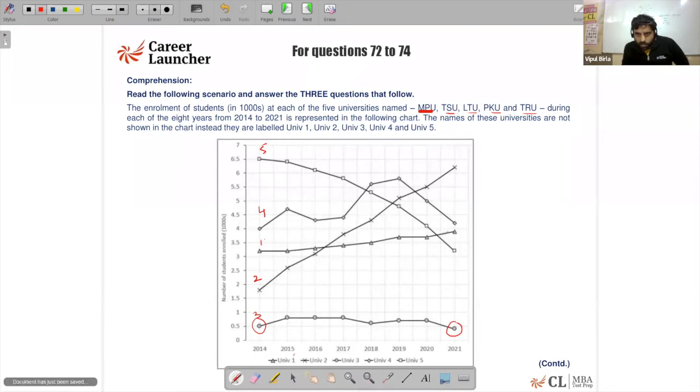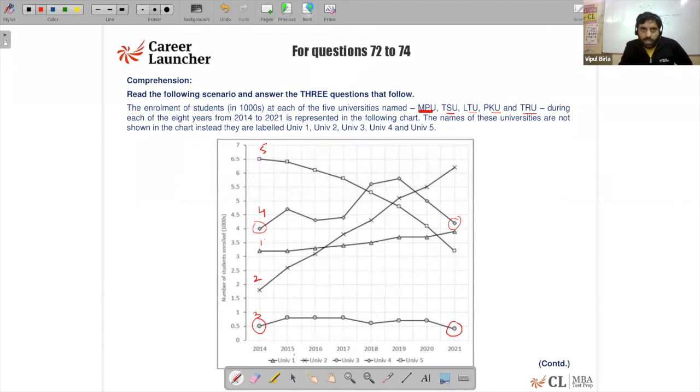For 3 again, it is low. For 4, again very close. For 5, it is high. So basically we get to know 3 and 4 are the universities where the change is very small, so the net change is closest possible.